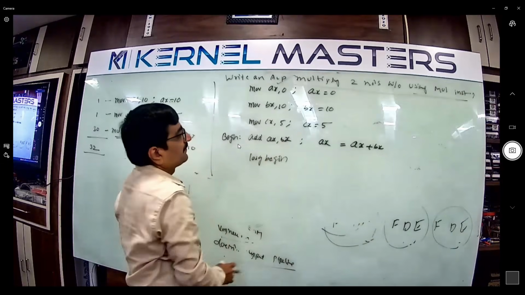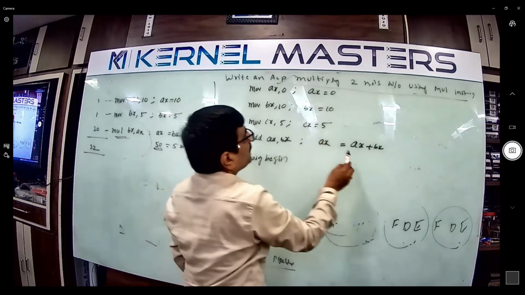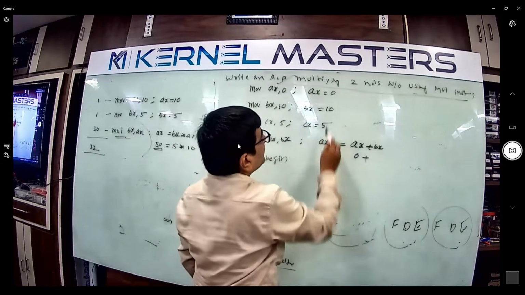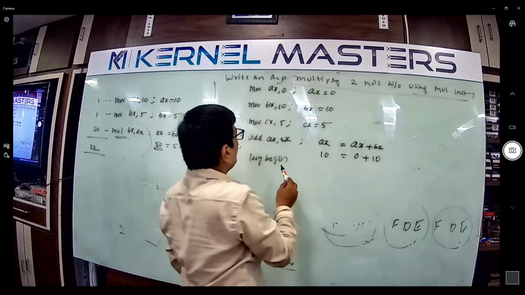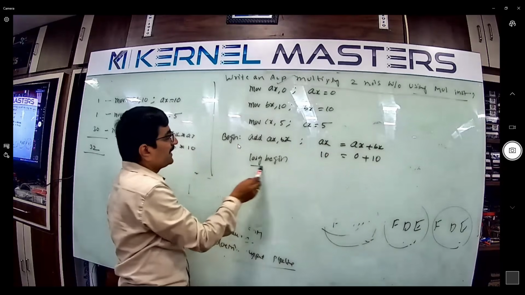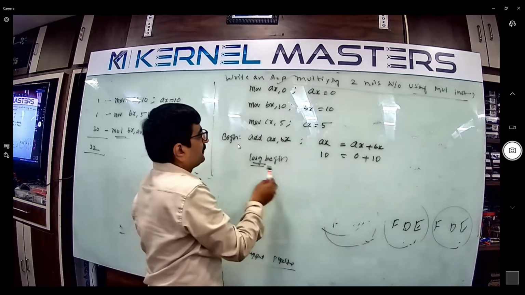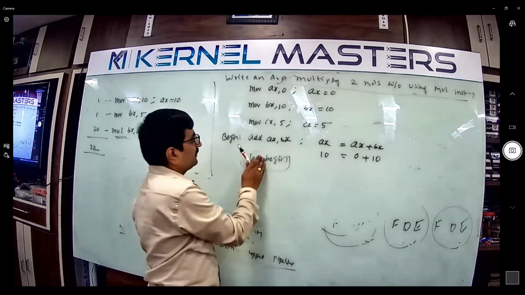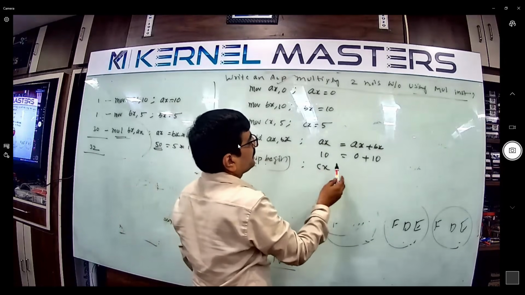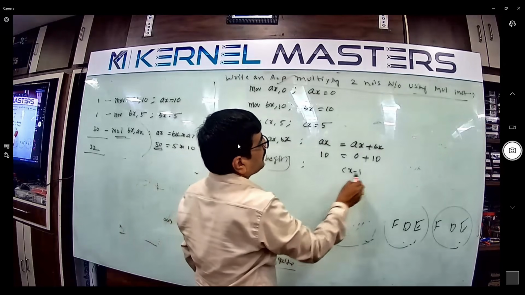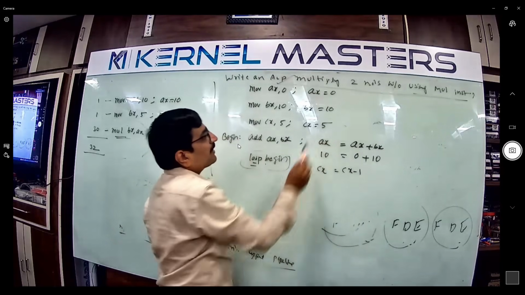What is the AX value? 0. What is the BX value? 10. What is the AX value? 10. So whenever the loop begins, every LOOP instruction decrements the CX value, decrementing one time only. What is the CX value? 5. 5 minus 1.